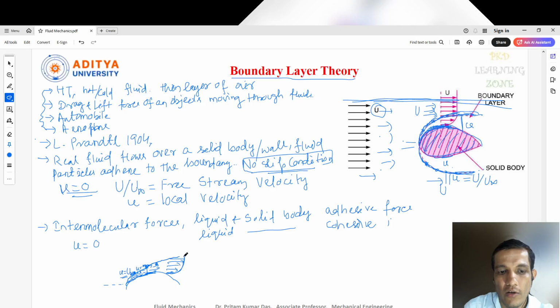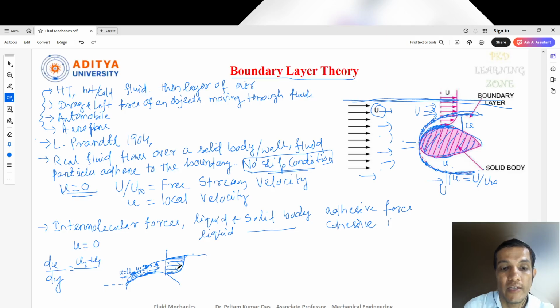If you draw it, you'll get a velocity profile like this. At this point, u equal to u infinite, but up to this we can see there is a change in velocity. That is called the velocity gradient. So du by dy. du equal to what? What is the value of u2 minus u1 or u3 minus u2?